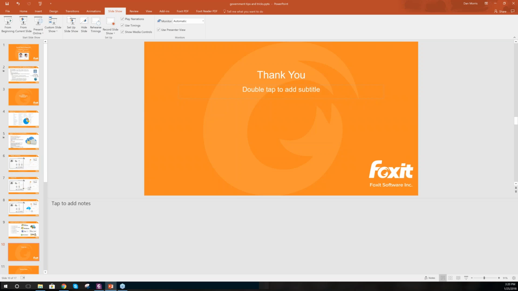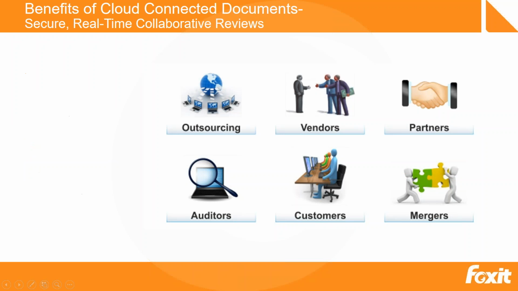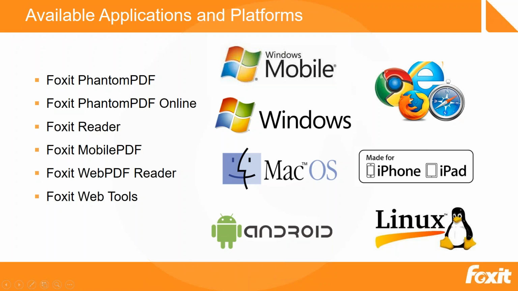So going back to the previous slide, let me just share my screen. So connected PDF is available on all these platforms. If you have Reader or Phantom PDF, it is a feature of these products.